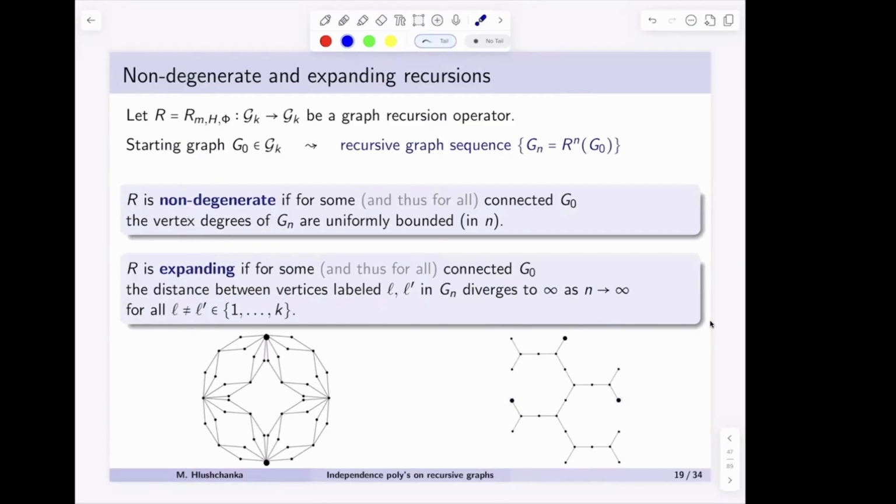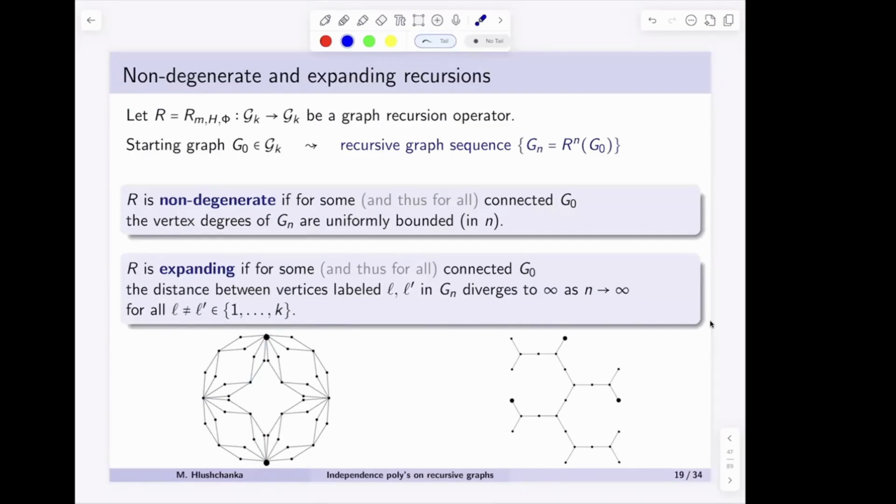In this case, I say that the recursion is expanding. It may not be entirely clear why the original recursion for z squared plus i is expanding, unless you understand that this exactly corresponds to the Hubbard tree and its preimages. But in the case of the diamond hierarchical lattices, it's clear that the distance between these 2 labeled vertices grows as 2 to the power n. So this is an expanding one.